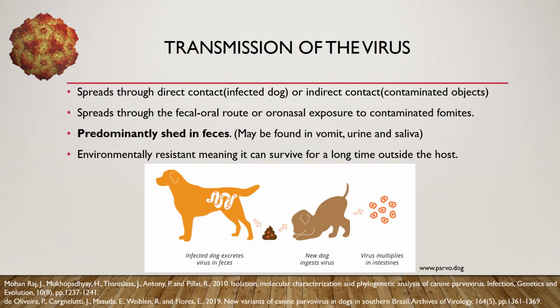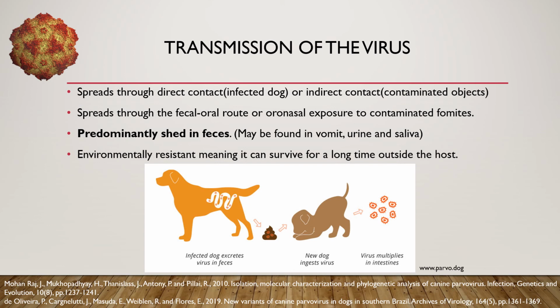Transmission of the virus. The virus is highly contagious. It can spread through direct contact with an infected animal or indirect contact with contaminated objects. It spreads using the fecal-oral route or by oronasal exposure to contaminated fomites.